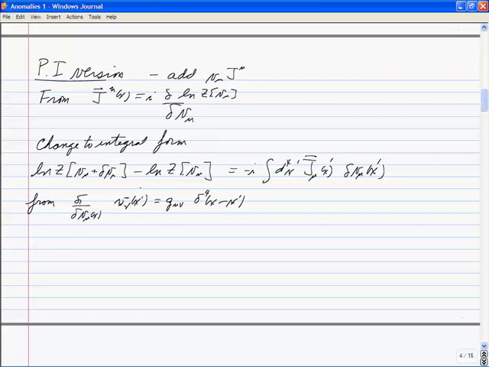Actually, if I take this variation here, that variation brings down this j bar. So it's the same as usual differentiation, except that it's a functional differentiation, so you get this extra delta 4. But it's the same as the upper definition. So the upper is the differential form, the lower is the integral form. Okay.